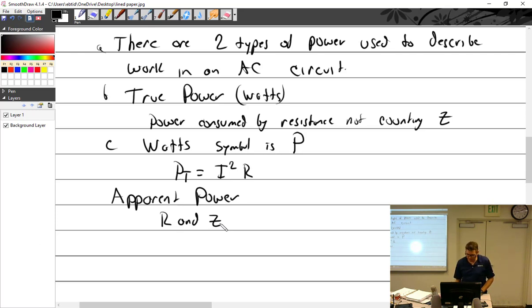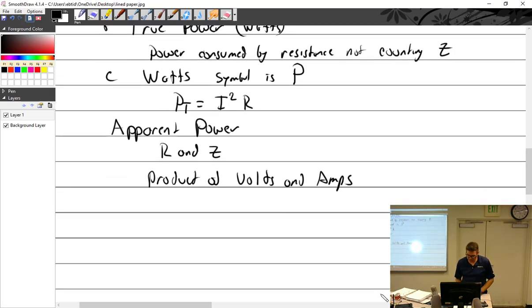It is a product of volts and amps. Product means multiply.